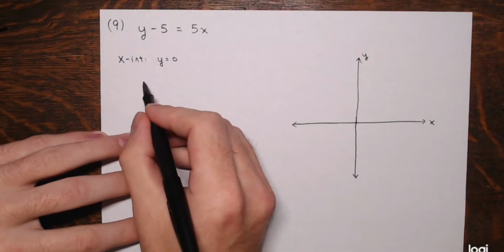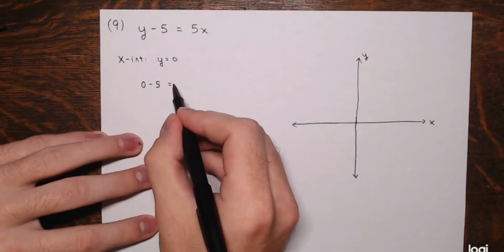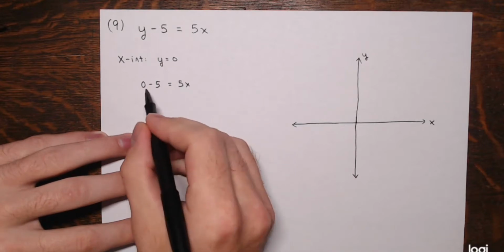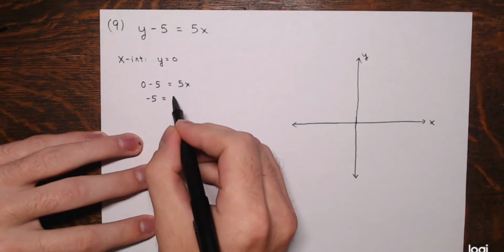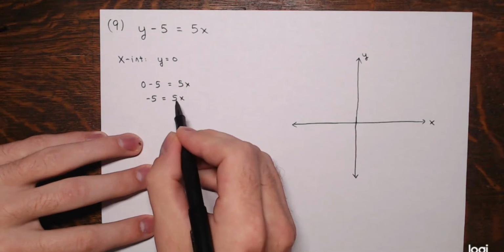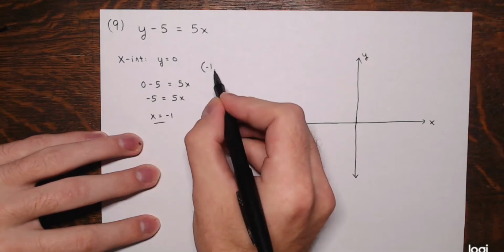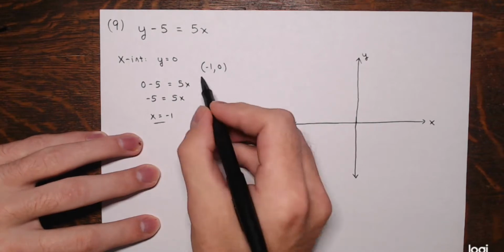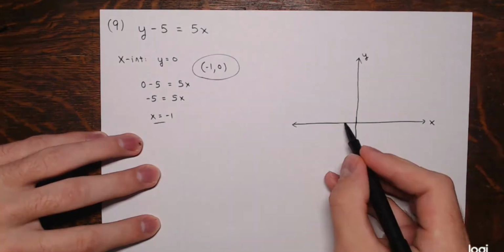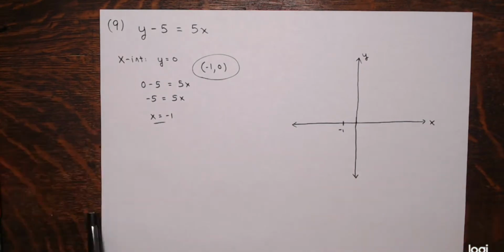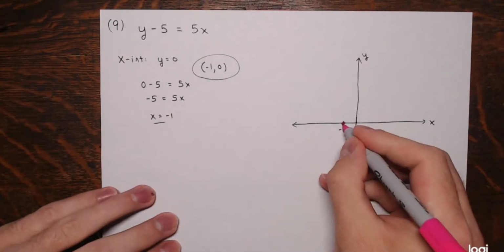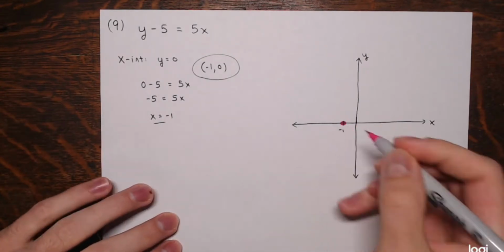So that's 0 minus 5 on the left equals 5x on the right. So that's just negative 5 on the left equals 5 times x on the right. Dividing by 5, you get x equals negative 1. So negative 1 for x, 0 for y. There's the x-intercept: negative 1 on the x-axis, 0 for the y coordinate.